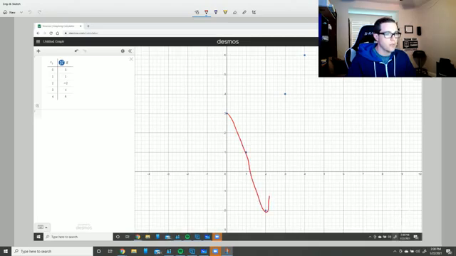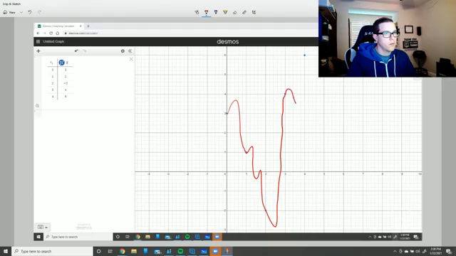Maybe it has a critical point right there. That's one case. Or maybe it's not doing that at all. Maybe it's doing something like this. Point is, you don't know.